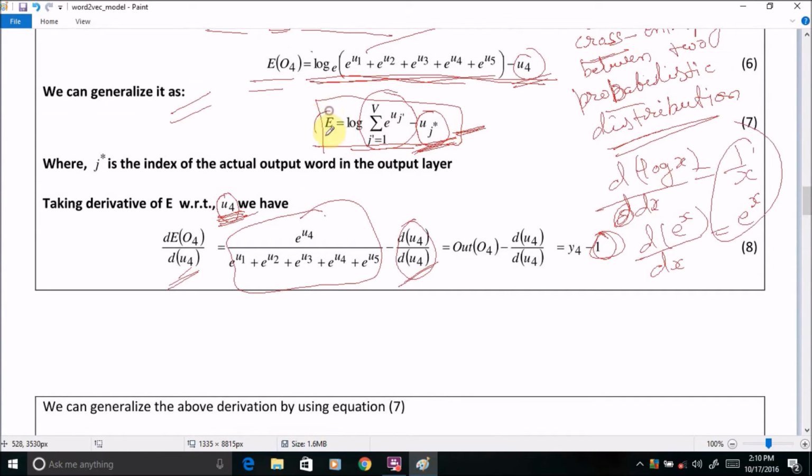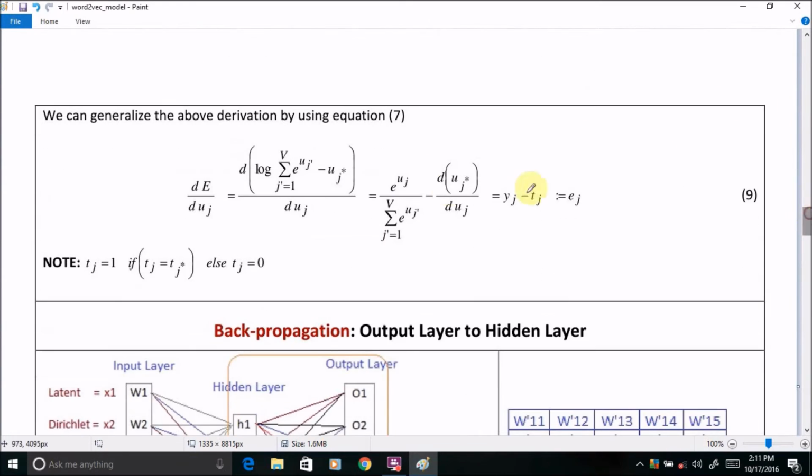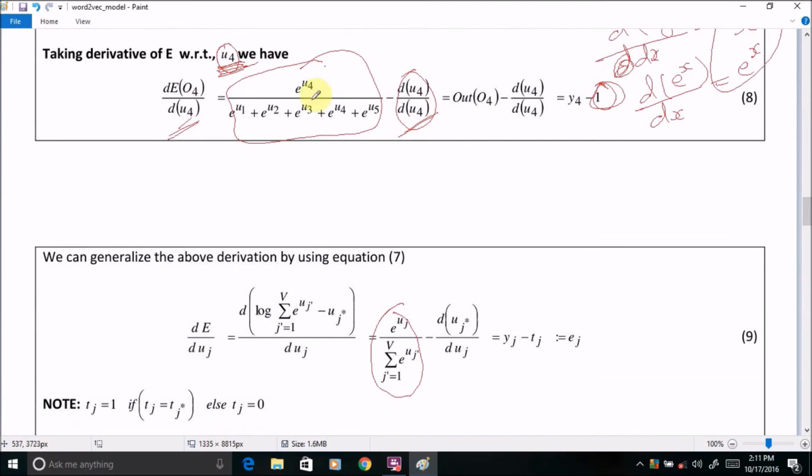Now suppose we take the derivation of E with respect to some node uj, then our derivation will be like this. This is again the same thing like we use here, this part, and this part will go here, and this is the next derivation.